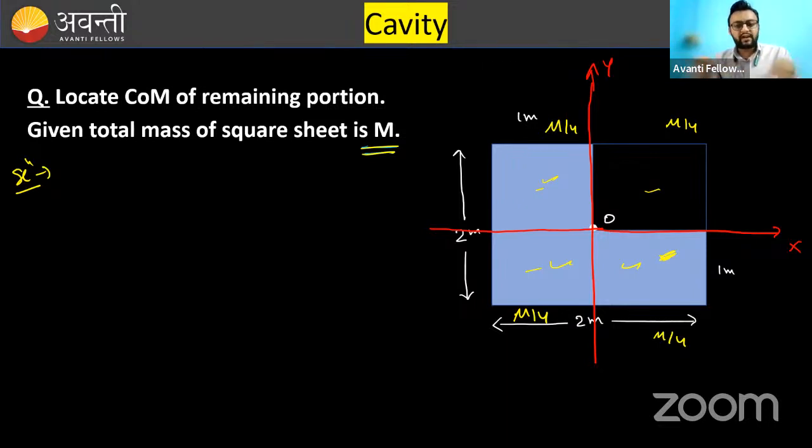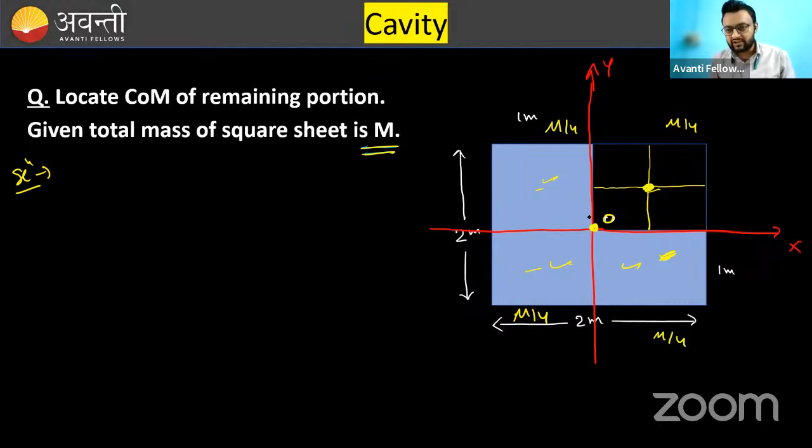This complete square sheet has a mass capital M, and the center of mass will be at the center. Is it clear? And this negative mass sheet will have its center of mass at its center. This is the center of the negative mass.